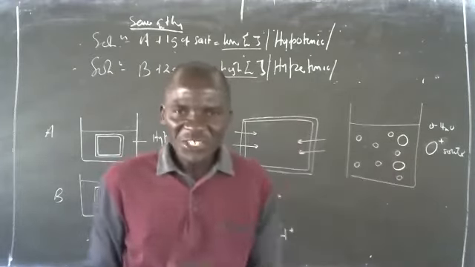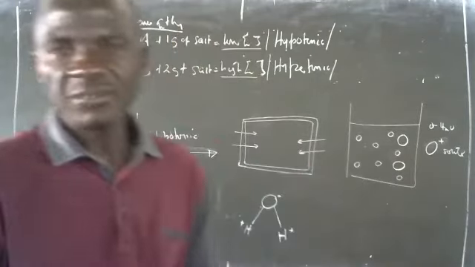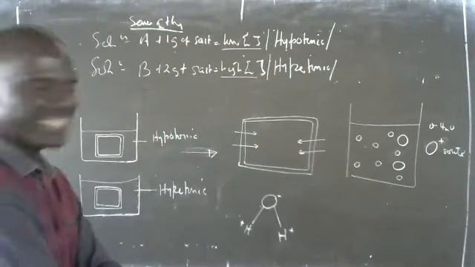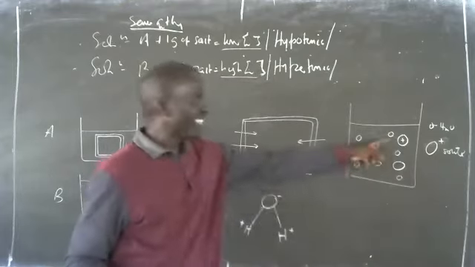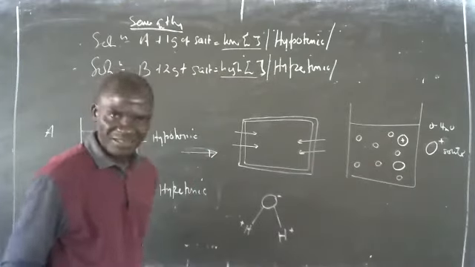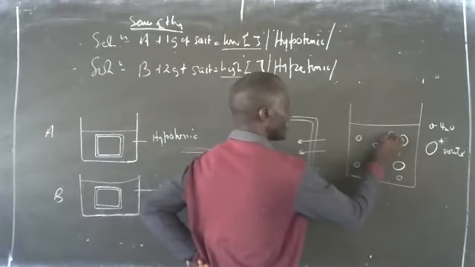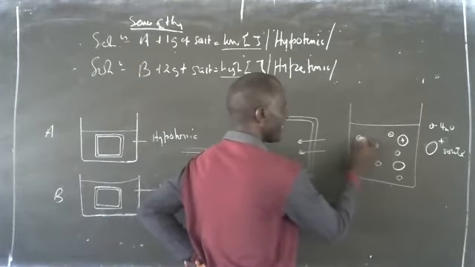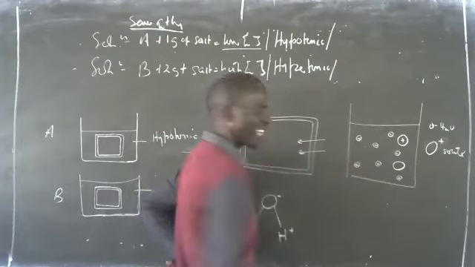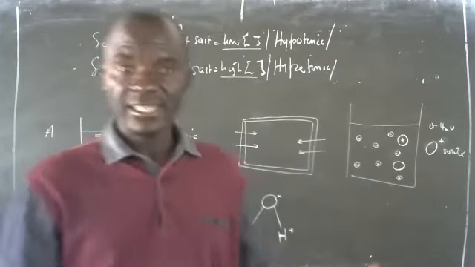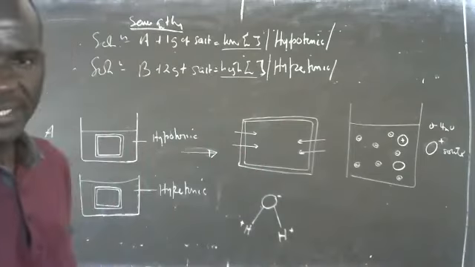If I dropped in two solute molecules which are positively charged, let me take water to be negatively charged, not forgetting that it also has some positive charge. That means it can take in negative and positive charged ions.